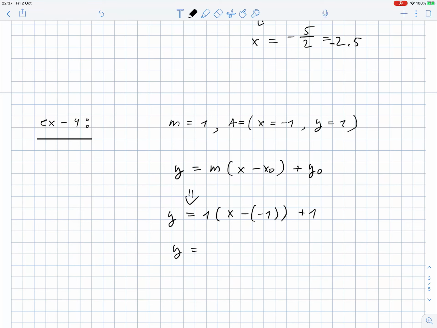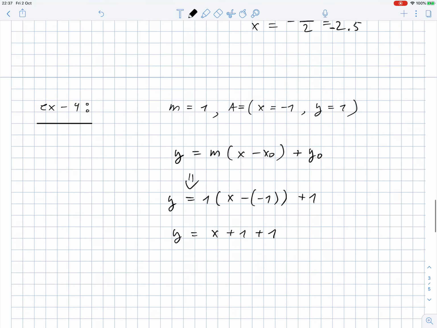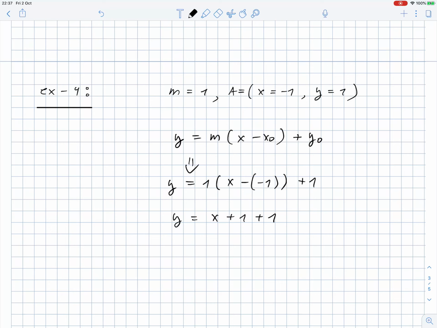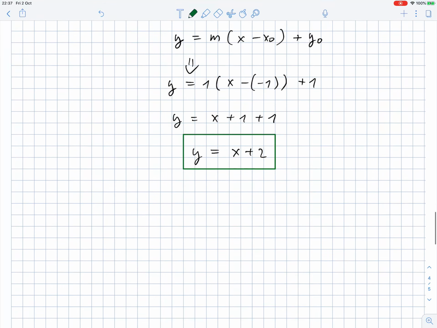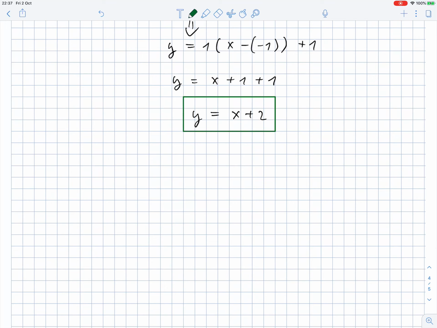Let's open the brackets. x plus 1 plus 1. And therefore we have y equals x plus 2. And this is our mathematical expression for a linear function. Next step we will draw this function as a graph.